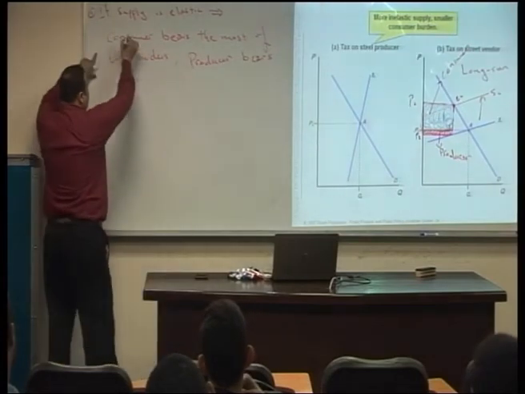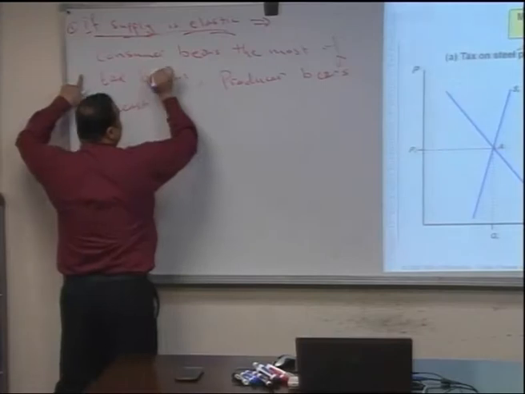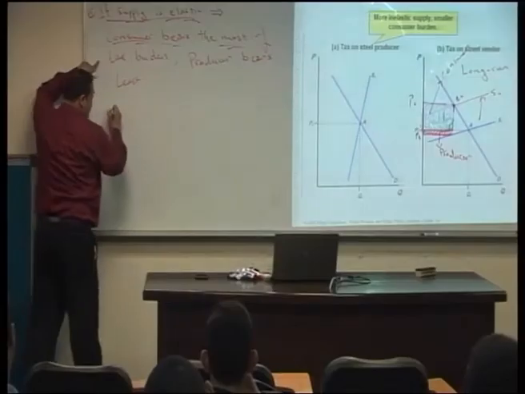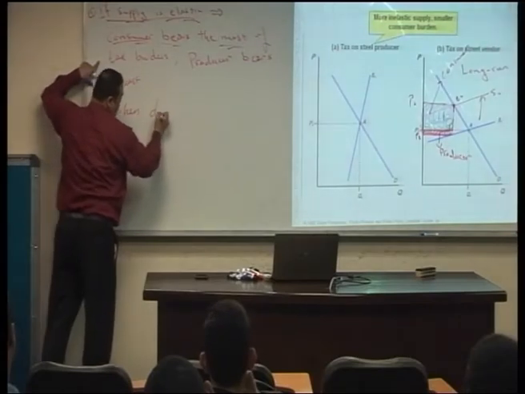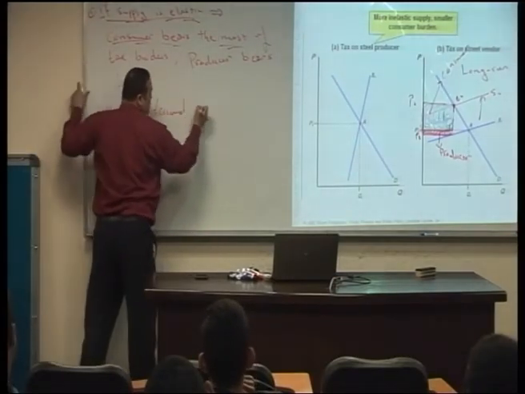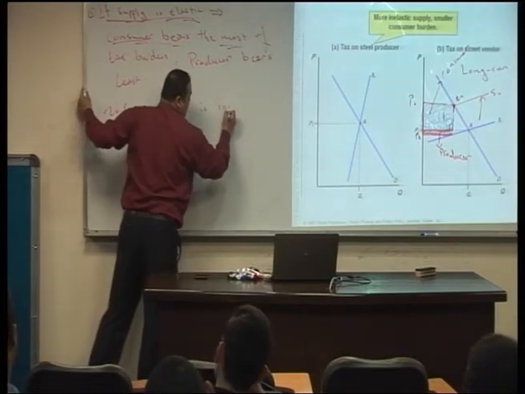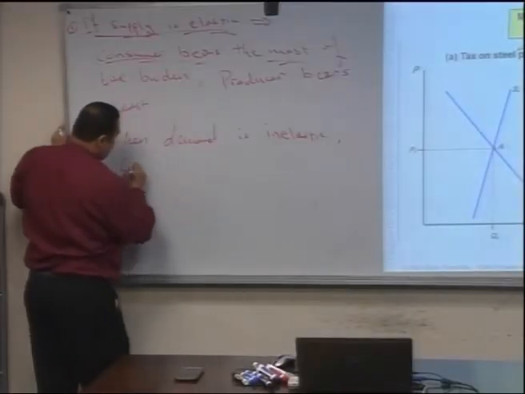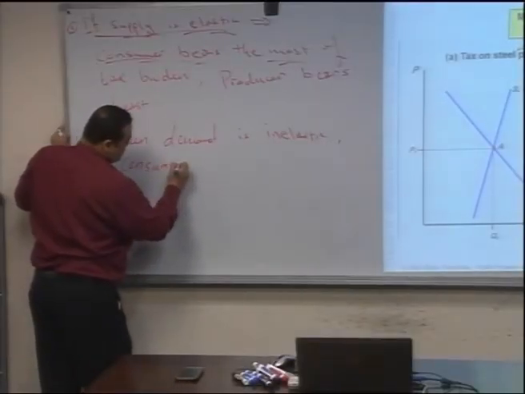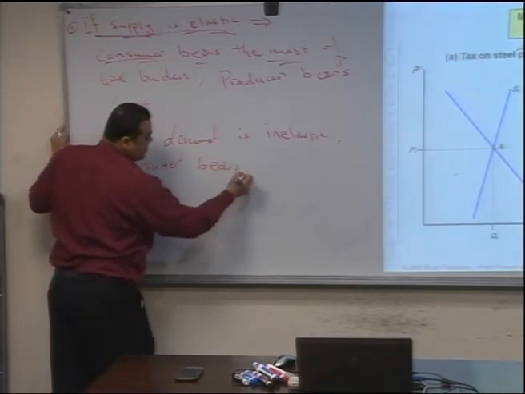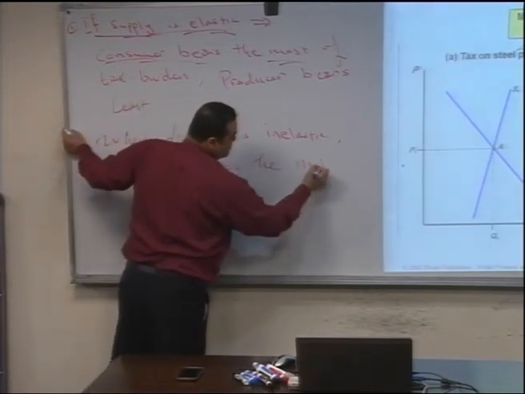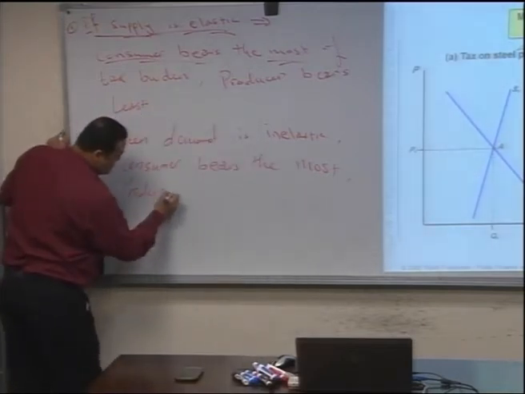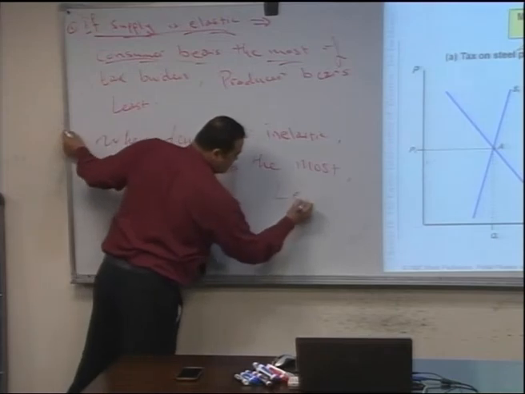So here when supply is elastic, the consumer pays the most. When demand is inelastic, the consumer pays the most and the producer pays the least.